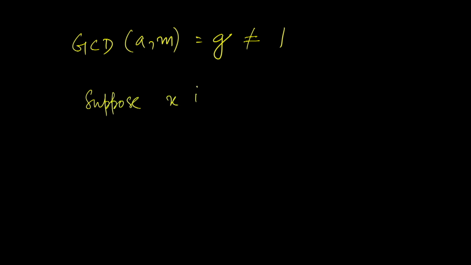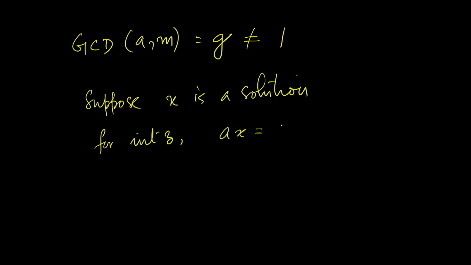Suppose x is a solution of the congruence Ax congruent to b mod M. Then for some integer z, Ax equals mz plus b.